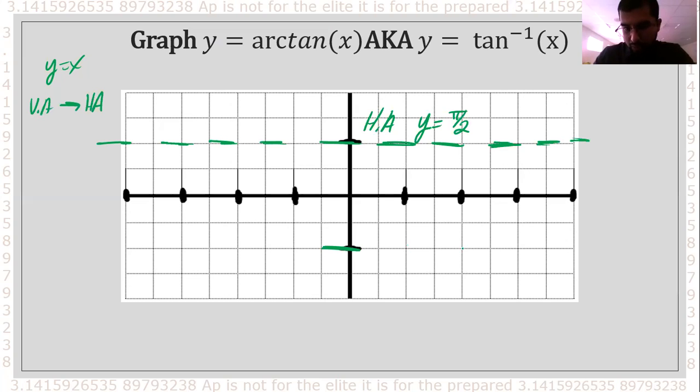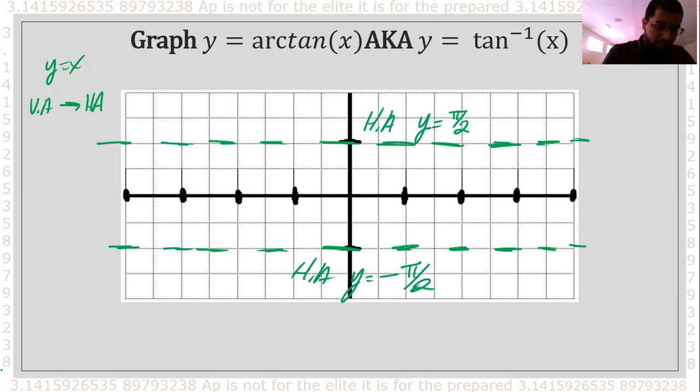So we have all of this right here. These right here were the other ones, which were my horizontal asymptote at y equals negative pi over 2. Now this isn't all for the graph, so keep in mind that the tangent function exists inside these.